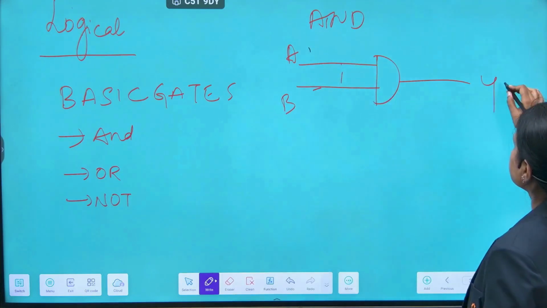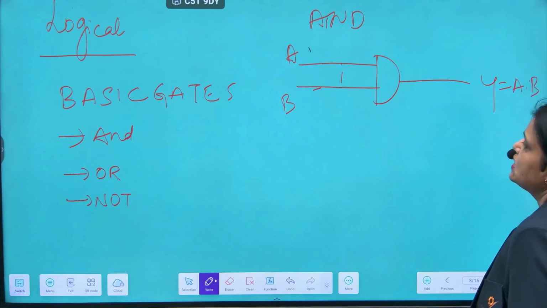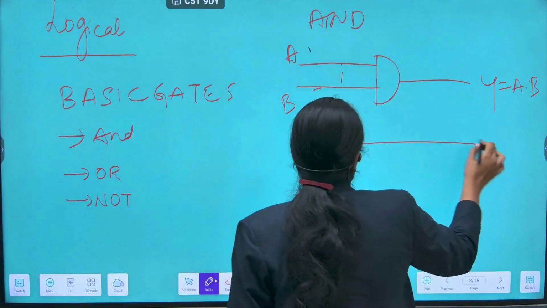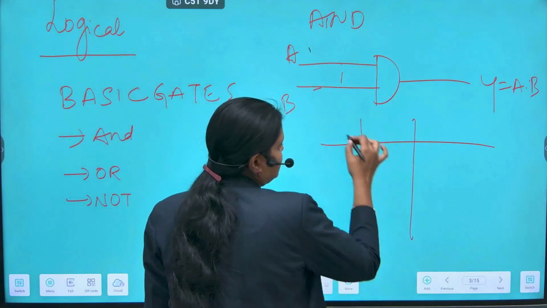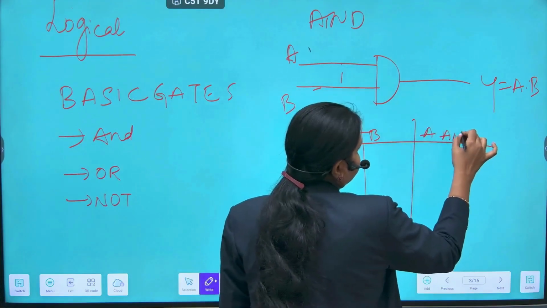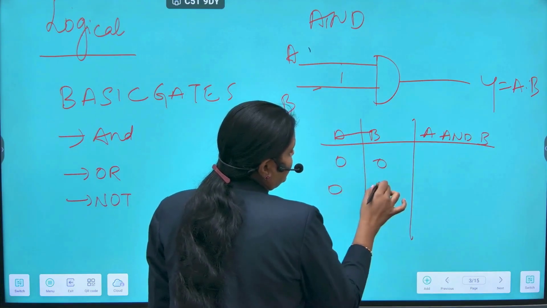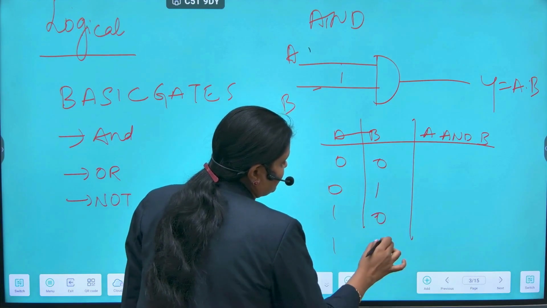And AND is nothing but A into B. So here I will take inputs A and B: 0 0, 0 1, 1 0, 1 1.